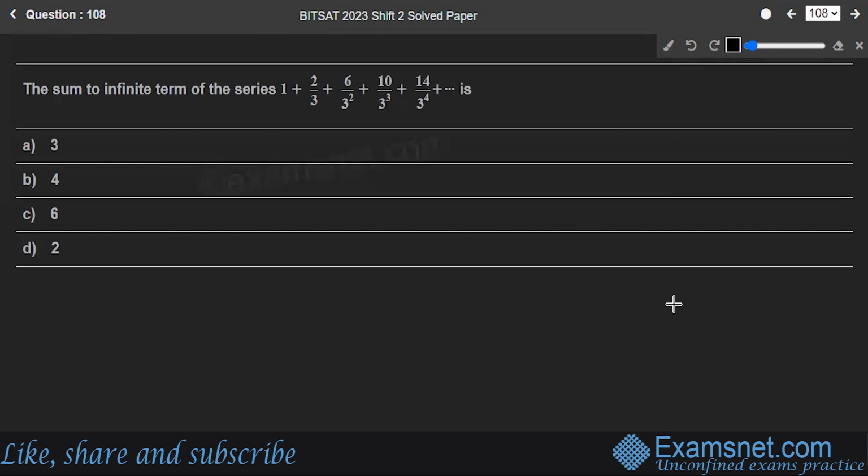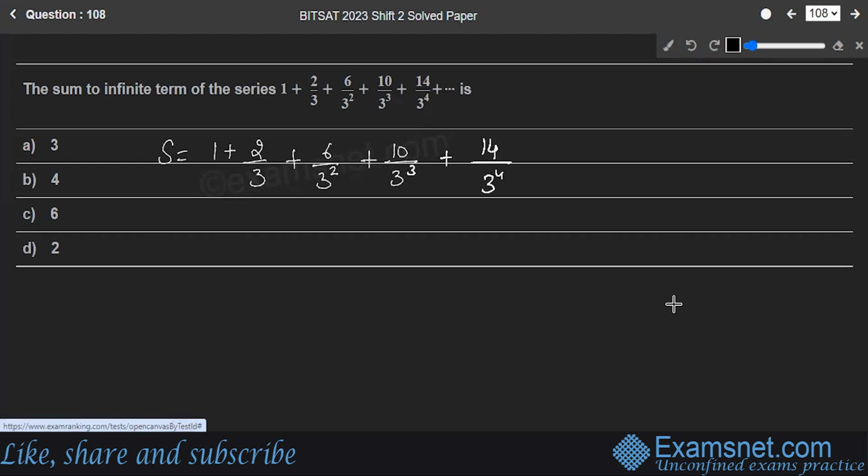The sum to infinite terms of this series is. So here you have S is equal to 1 plus this, plus 14 upon 3 power 4, and so on till infinity. Let's say this is equation 1, right?